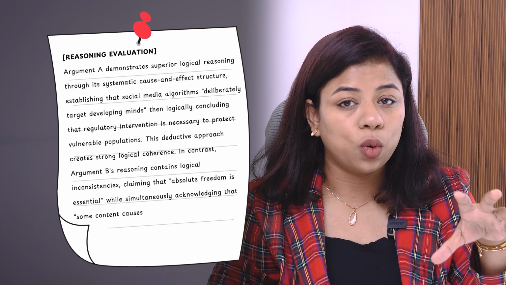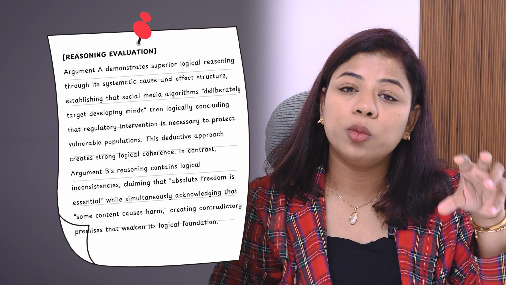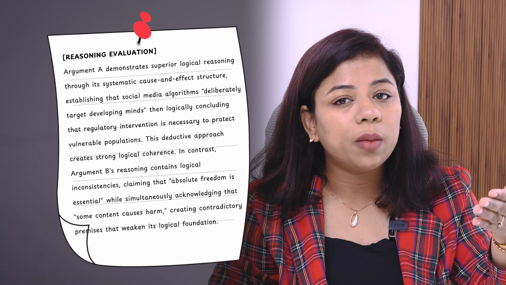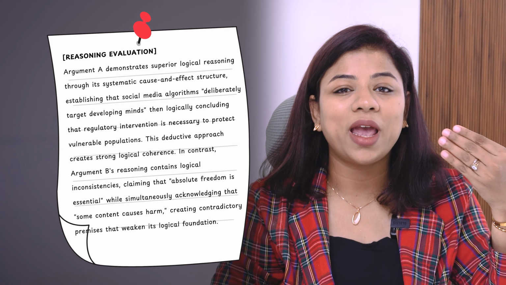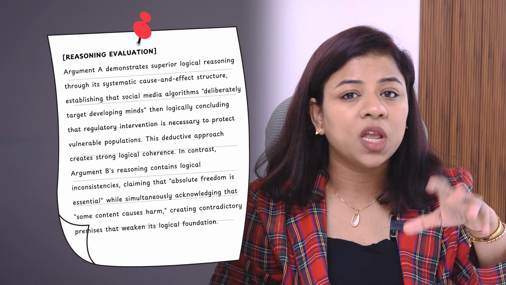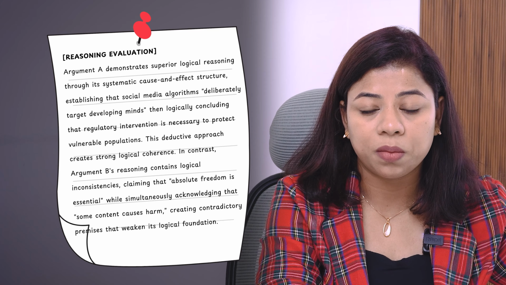This deductive approach creates strong logical coherence. In contrast, argument B's reasoning contains logical inconsistency, claiming that absolute freedom is essential while simultaneously acknowledging that some content causes harm, creating contradictory promises that weaken its logical foundation.